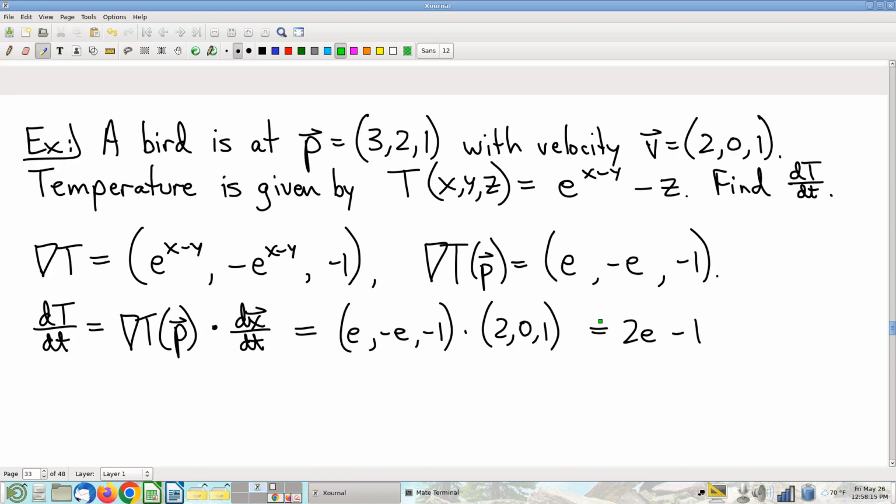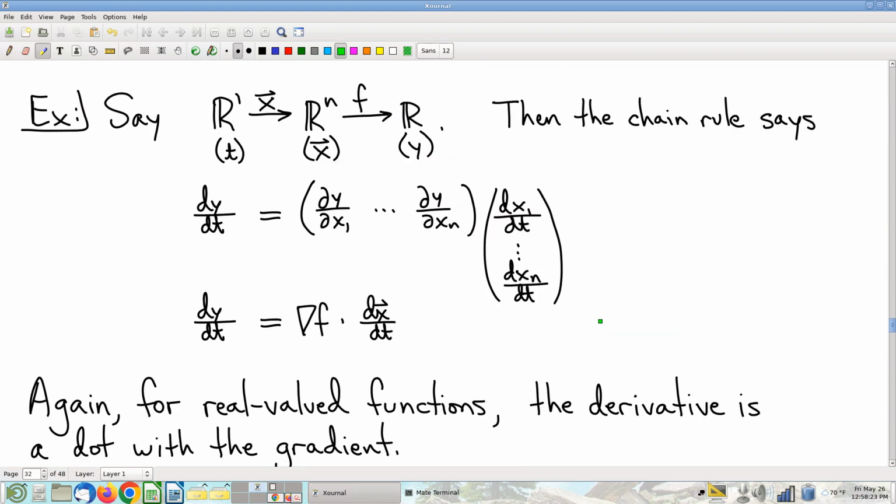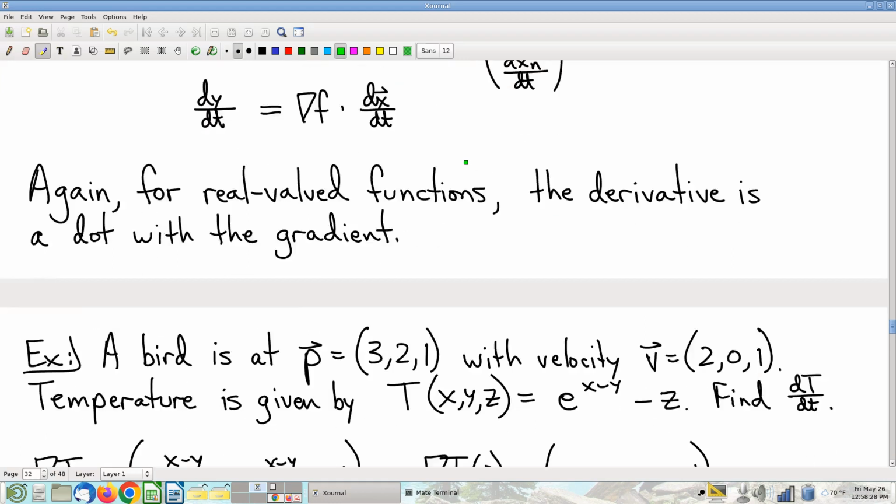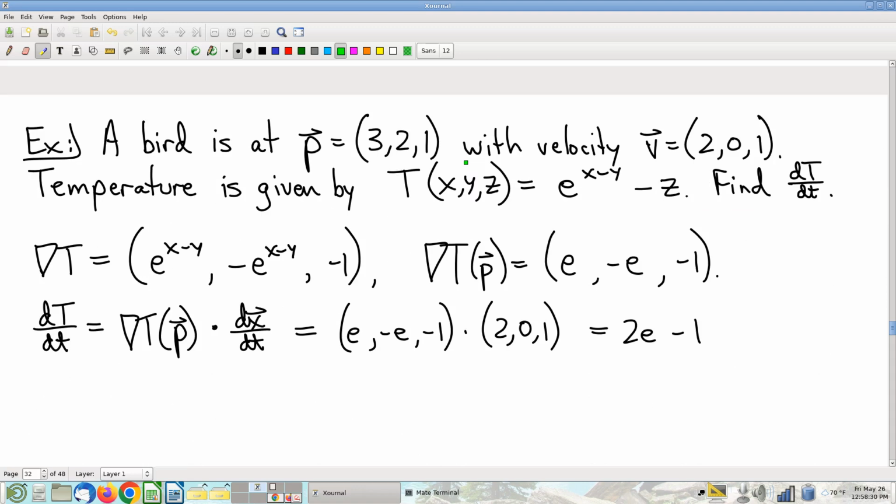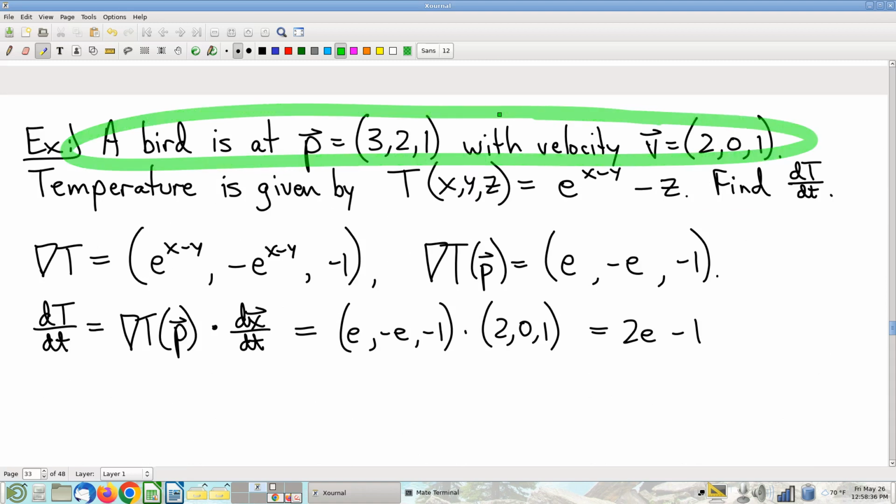Okay. So again, example. Again, I don't really need to do this, but might as well, I suppose. So this is an example tailor-made for this situation. There's a single input variable and there is a single output variable. Specifically here, the single input variable is time. Position is a function of time. Bird's flying around.